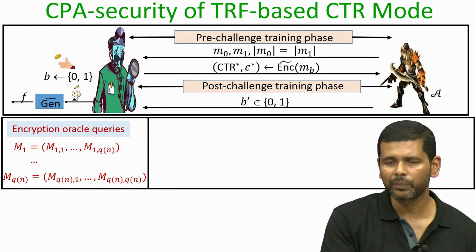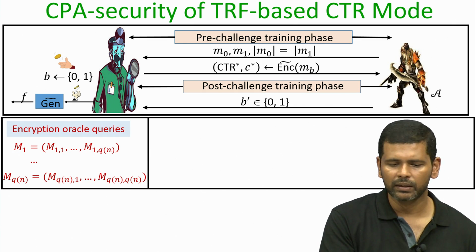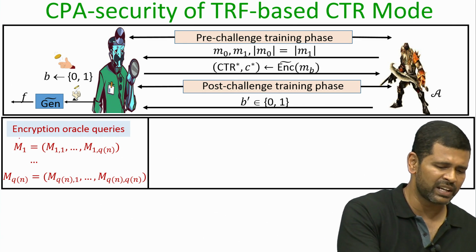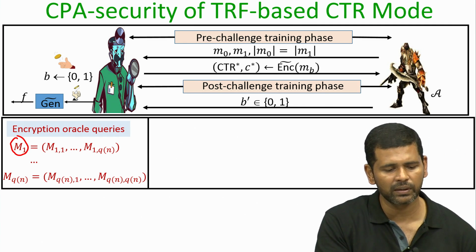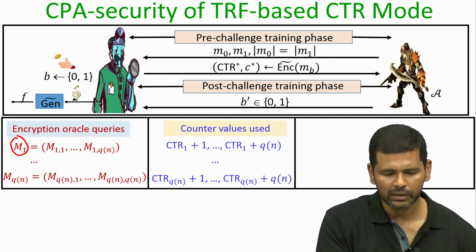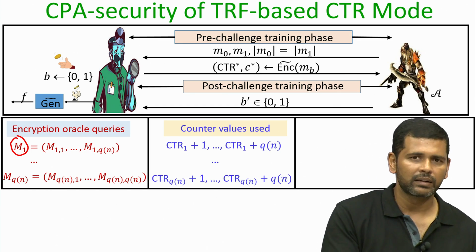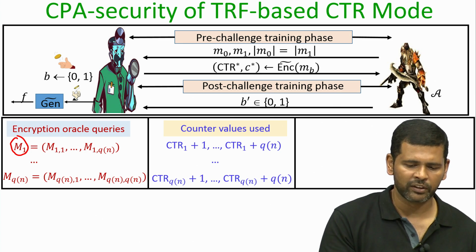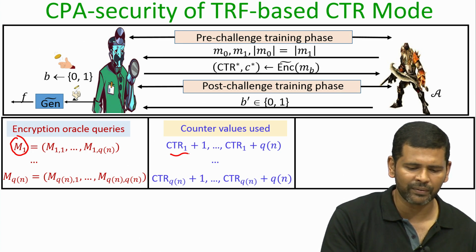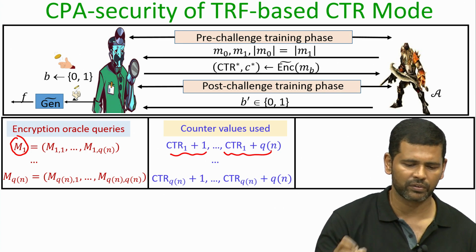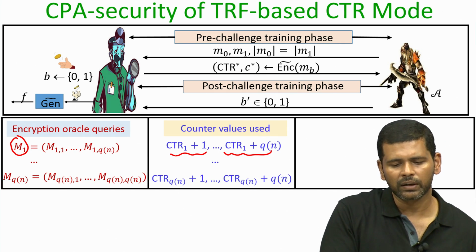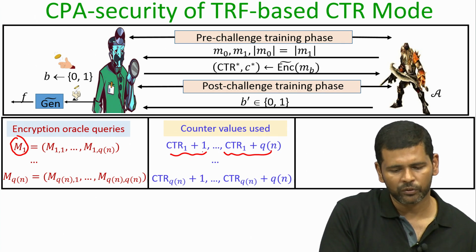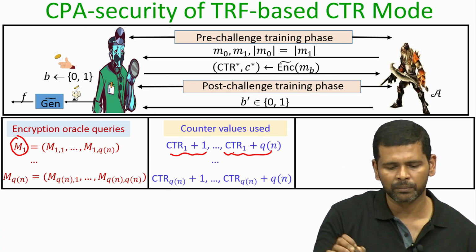Since I am assuming that my adversary is going to make Q(n) queries, those queries I am representing as messages M_1, M_2 and M_Q(n), and I am assuming that each of those messages further consists of Q(n) blocks, and assume that our challenger in this instance of the experiment uses these counter values for encrypting these message blocks, namely the first message is encrypted using the counter values counter_1 plus 1, counter_1 plus 2, counter_1 plus Q(n) and so on.